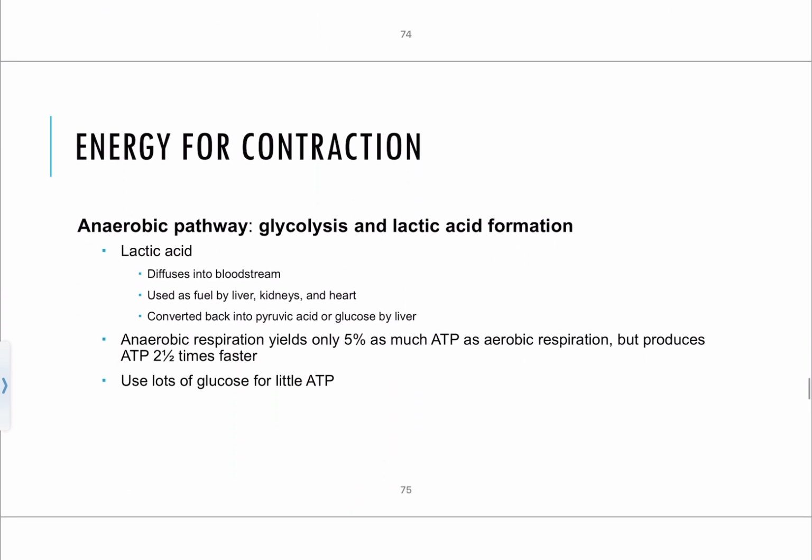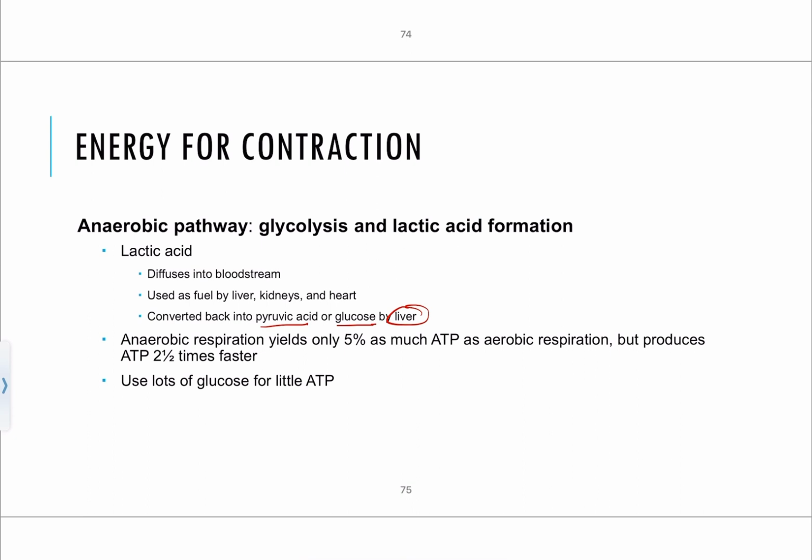So what happens to the lactic acid in the absence of oxygen? Well, it's going to diffuse out to your bloodstream. Our kidneys, livers, and our heart can use it as fuel. We can also take the lactic acid and convert it back to pyruvic acid or glucose in the liver if we want to do that too. So again, when we talk about the anaerobic pathway and glycolysis and lactic acid formation, we only get about 2 ATP.